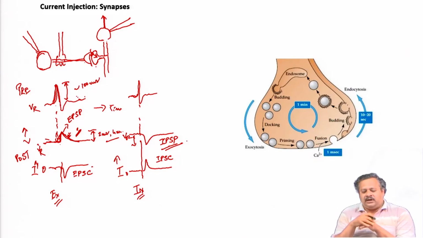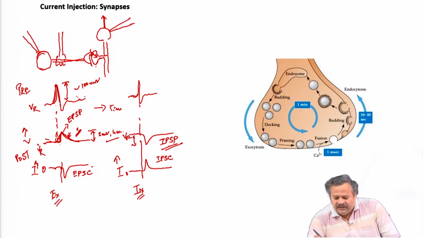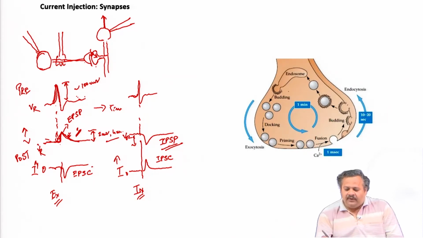It can vary over time, and that is because there are multiple steps involved in the neurotransmitter release and current injection. So, here is the detailed process on the presynaptic side, where we have these vesicles containing the neurotransmitters.